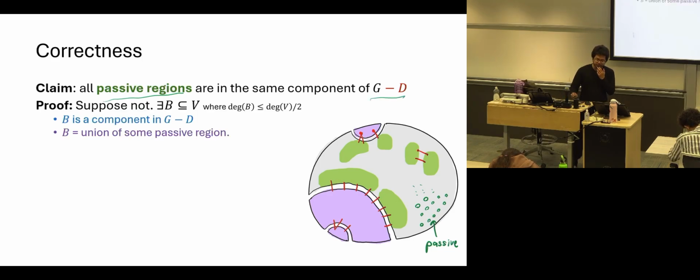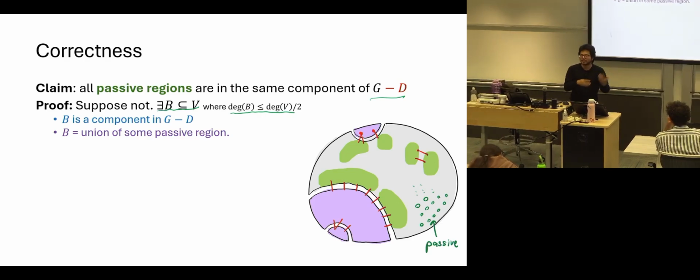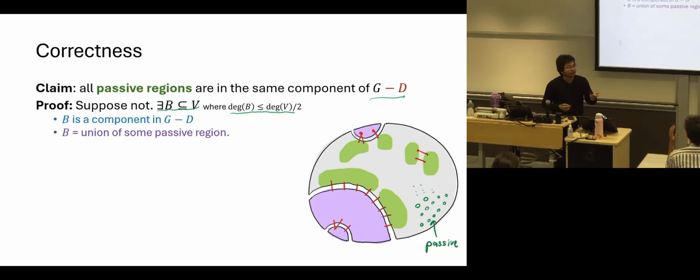Suppose not. Let's say there is some component B, and B is less than half. If there is a component, it must split into two components, and you take the smaller half.